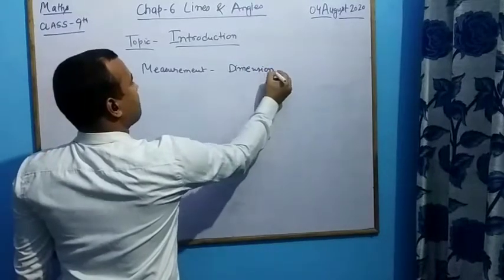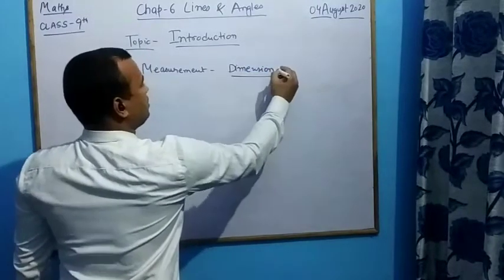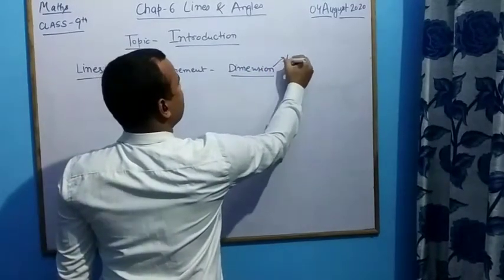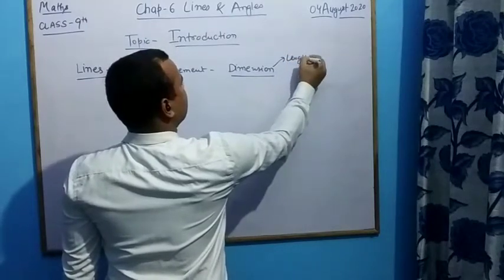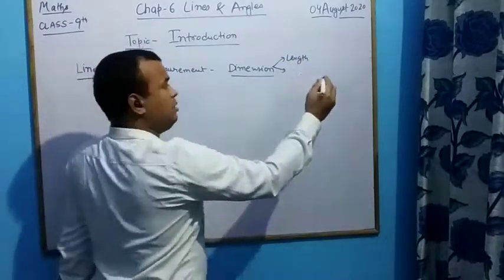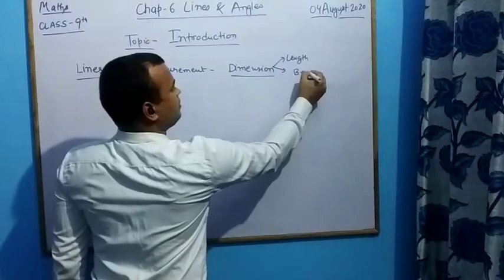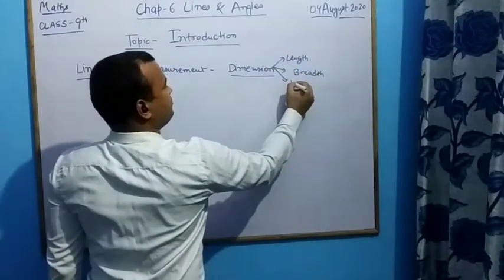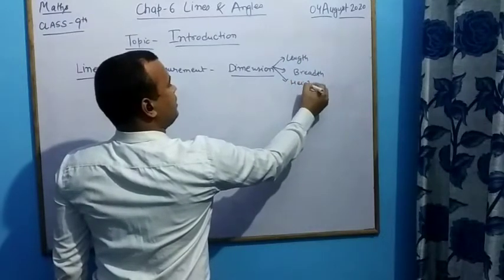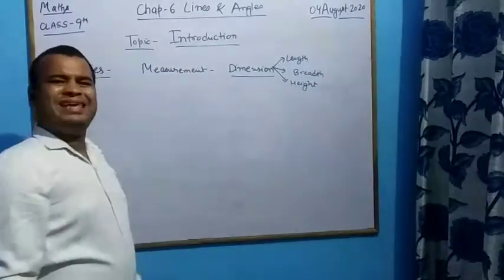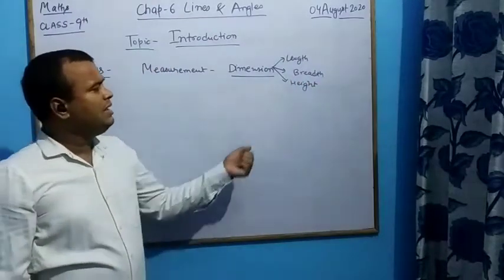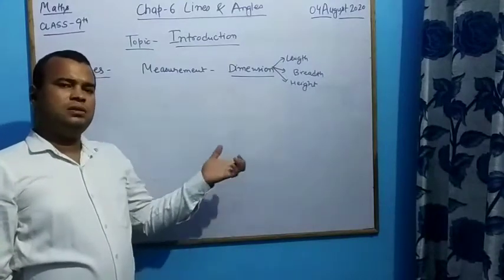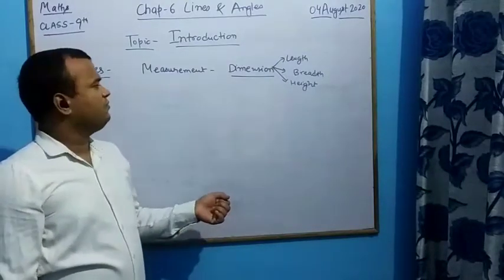What are the examples of dimension? Length, breadth, height. These are the dimensions of any body, any particle in the universe.